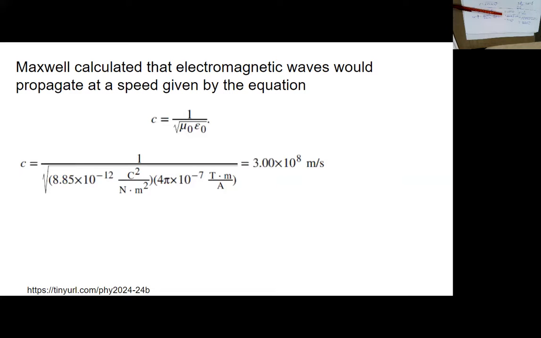That gives you the speed of light. It's almost 300 million meters per second. It's 299 something, but approximately 3.00 times 10 to the eighth meters per second.